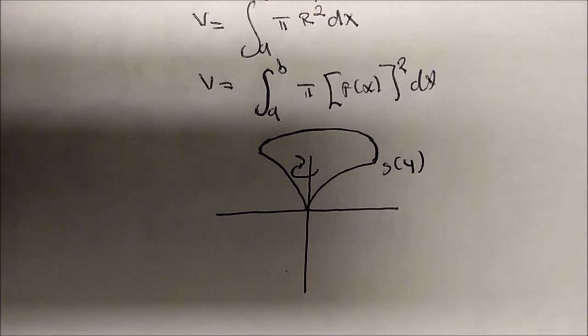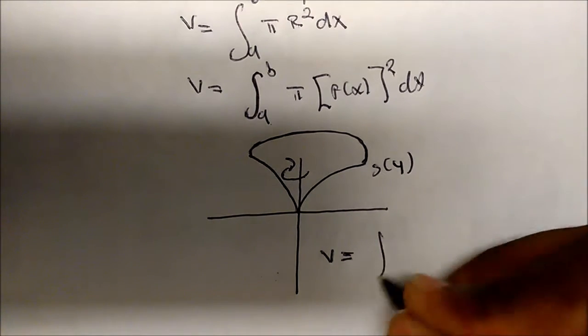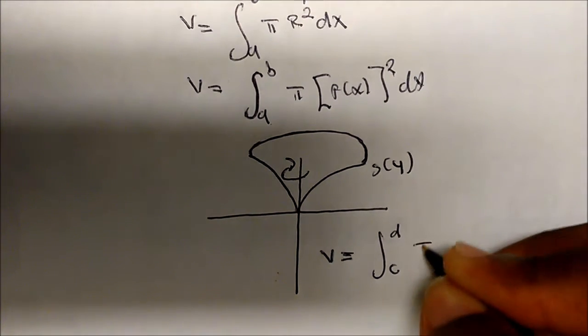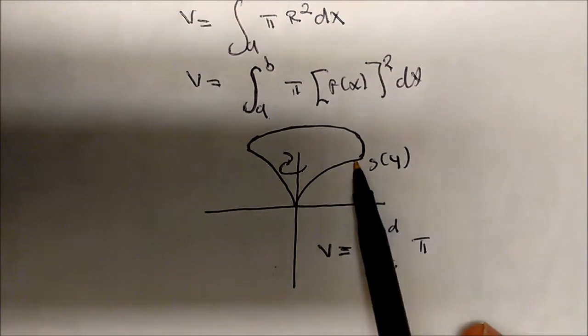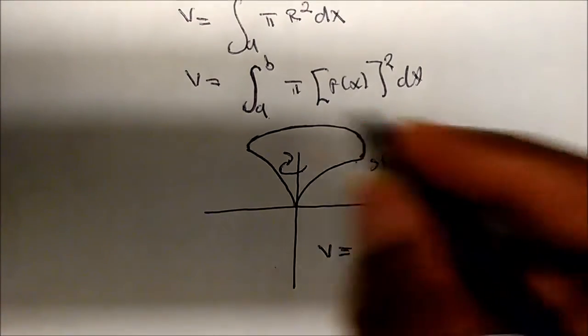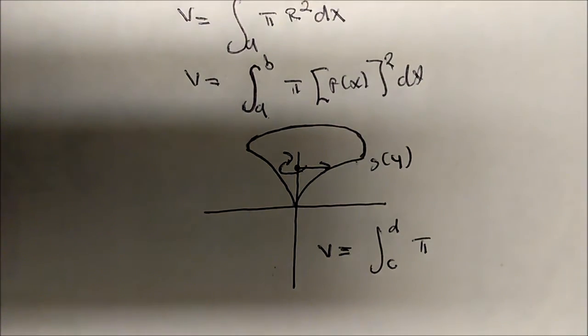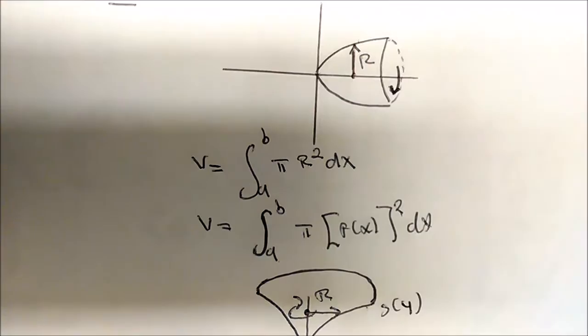around the y-axis, and the volume for this is given by the integral from c to d of pi r squared. Our r is always from the axis itself to the function. In this case, this is my r also.